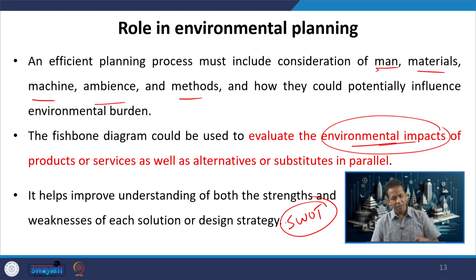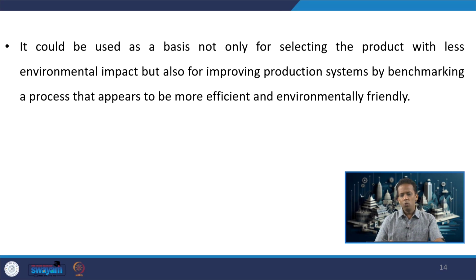Similarly to SWOT analysis, we can use the fishbone diagram for selecting the product with less environmental impact, for improving the production systems, and for comparison between the products, systems or processes.